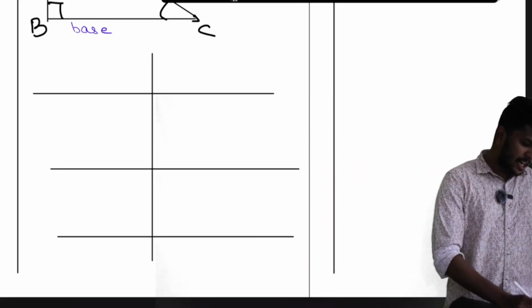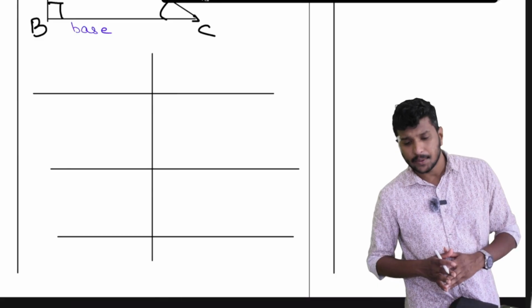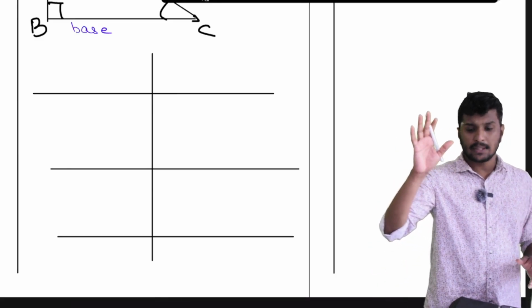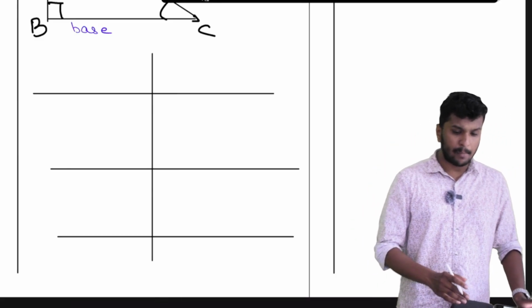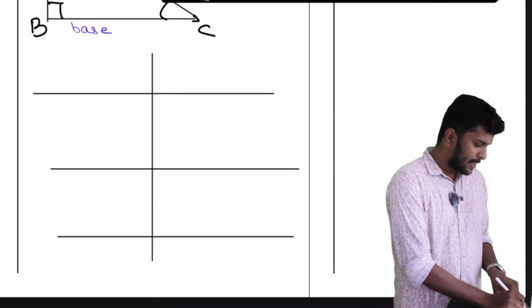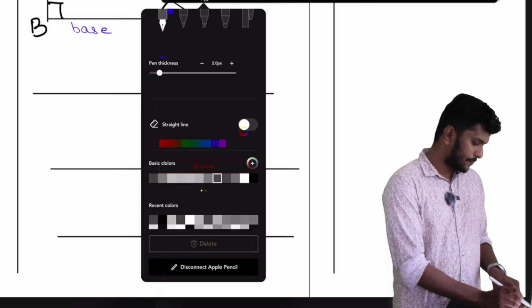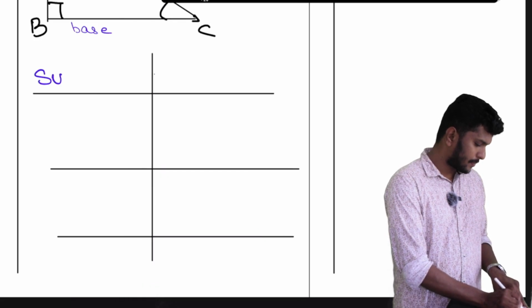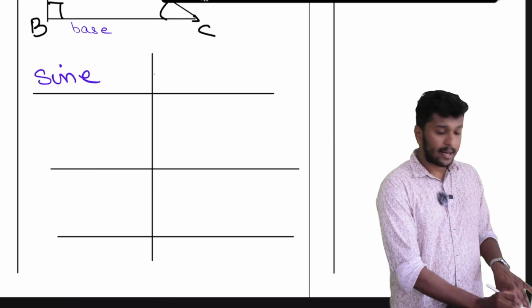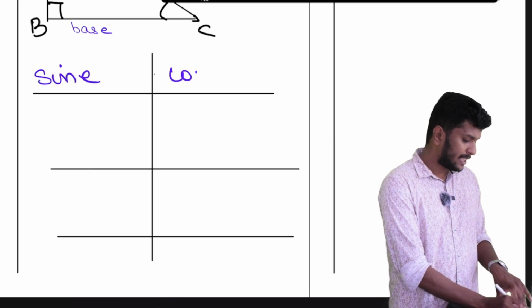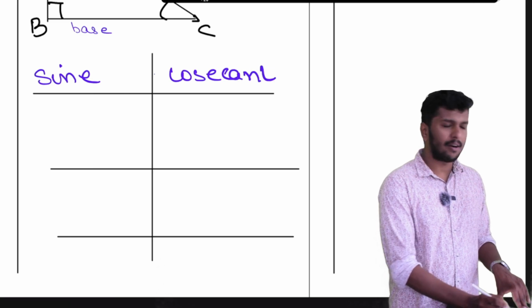Now here we learn about the 6 trigonometric ratios. Initially you will have to know 3 trigonometric ratios. We have sine, its reciprocal is cosecant, not cosine, I was just testing you all.